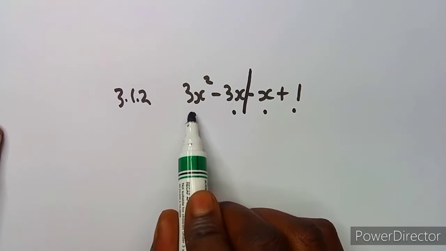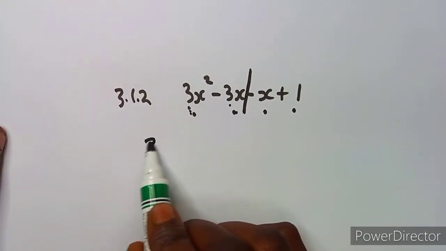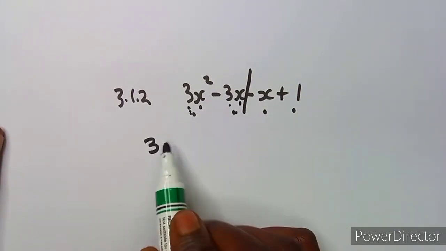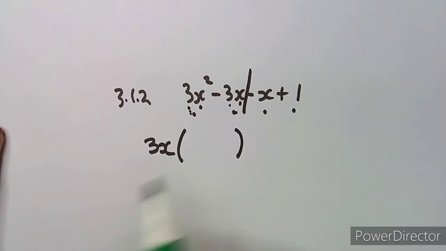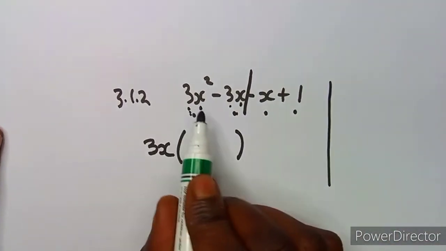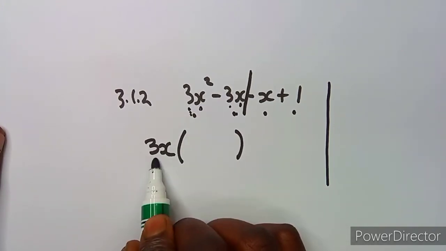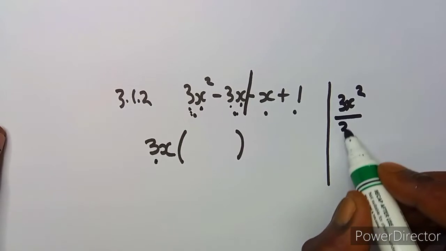So you factor out for the first 2 terms what is common. You've got 3 here is common, we've got x squared and x, so x is common, so that is your highest common factor. So you factor out for the first two. Just like what we did, 3x squared divide by the part that you factored out, 3x.